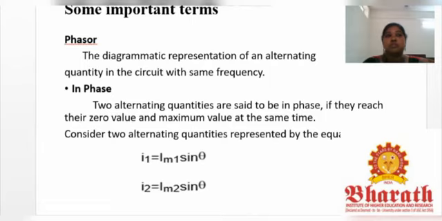This is like a geometric representation of an alternating quantity in a circuit. We always maintain our frequency as a constant. In India we maintain one frequency value, 50 Hz, all over the country. So normally an AC circuit will obey 50 Hz of frequency.